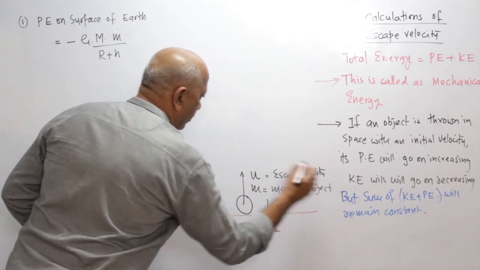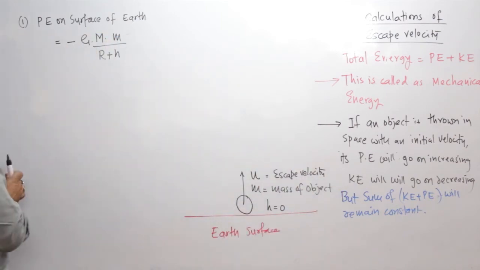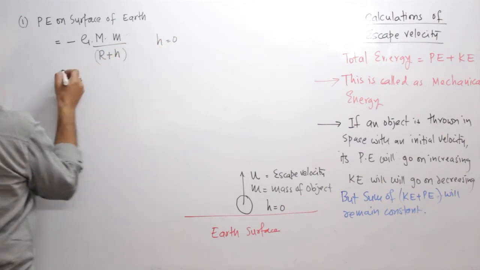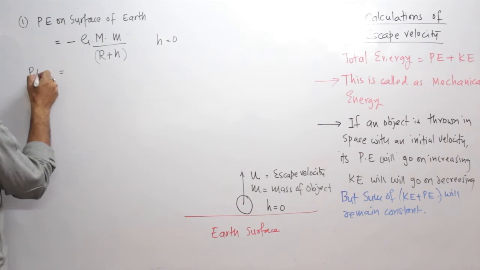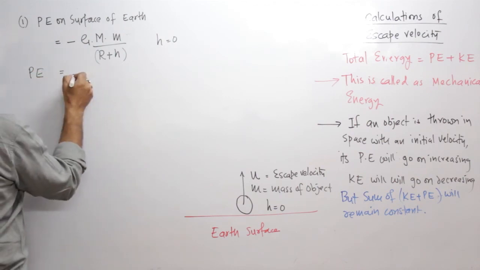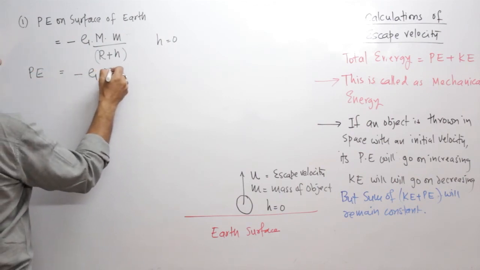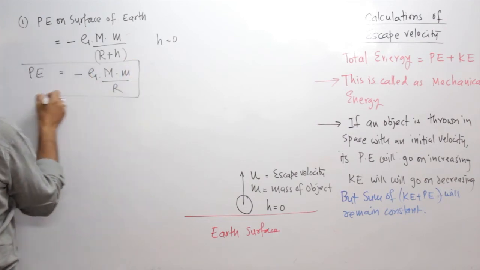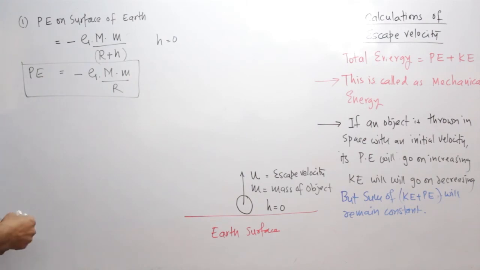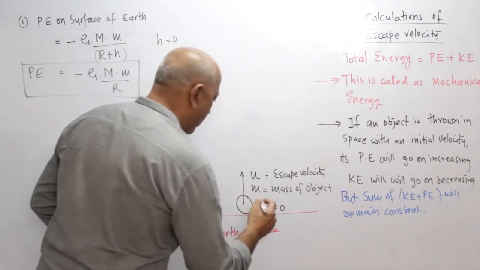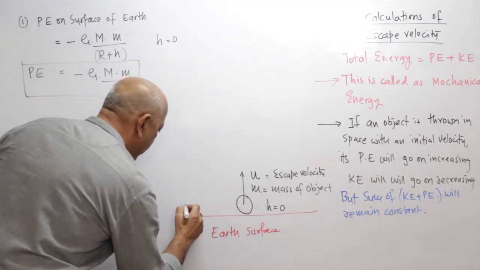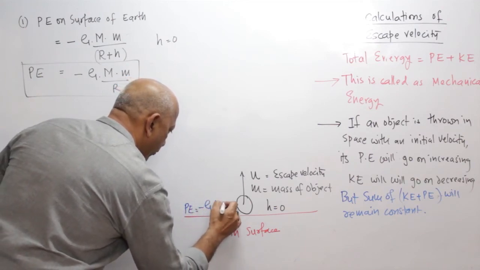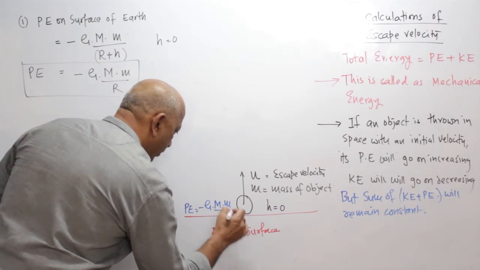R plus H, where H is equal to 0. So P at the surface is equal to minus G M m upon R. So we got the P as minus G M m upon R.